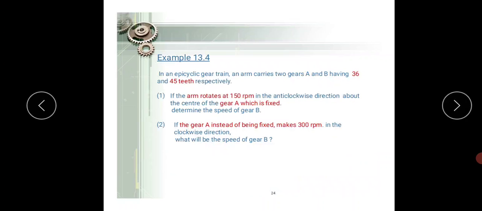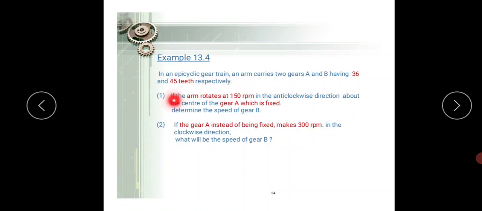Now see one example of the epicyclic gear train. In this epicyclic gear train, the arm carries two gears, A and B, having 36 and 45 teeth respectively.